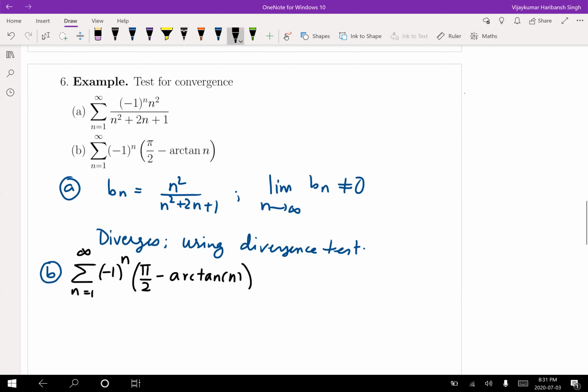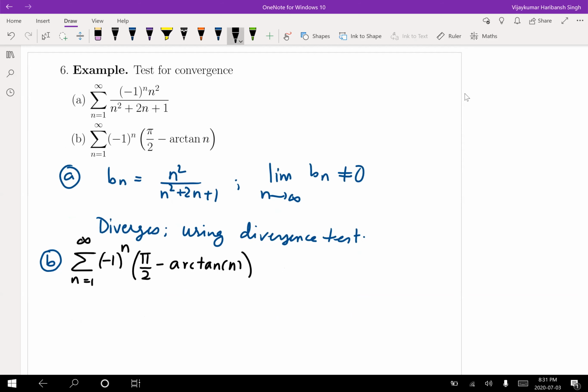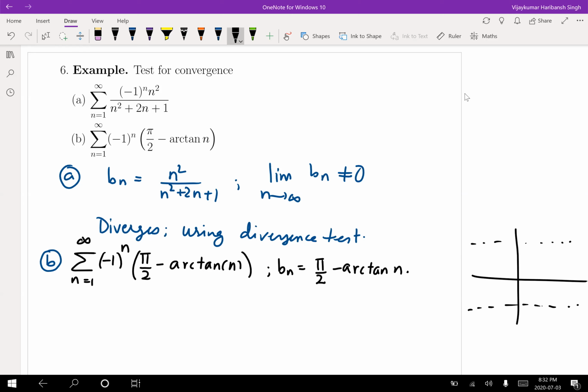So in this case, Bn is pi by 2 minus arctan of n. Now note, how does the arctan graph look? So this is how roughly the arctan graph looks like. Okay, so these are the asymptotes, minus pi by 2 and pi by 2.